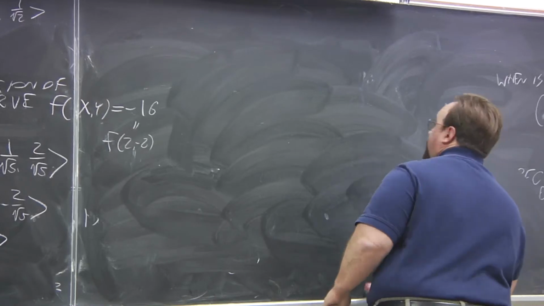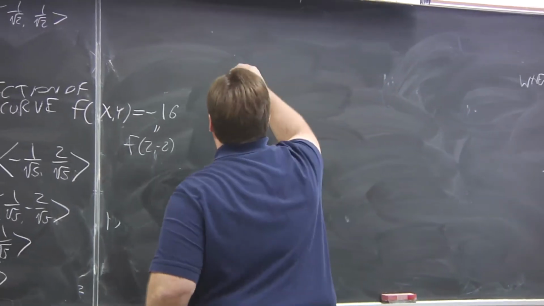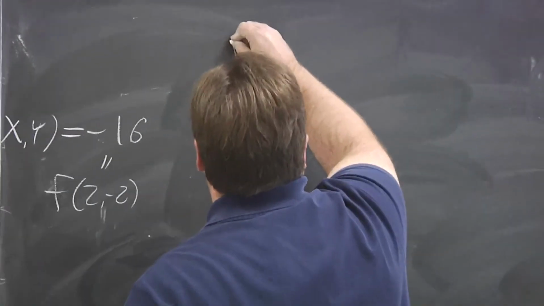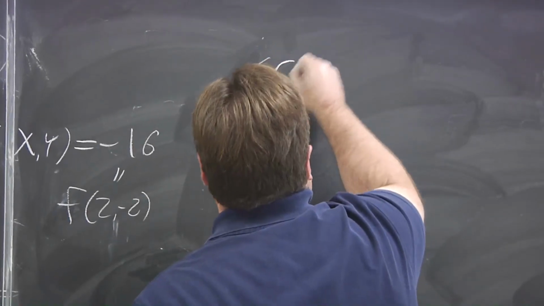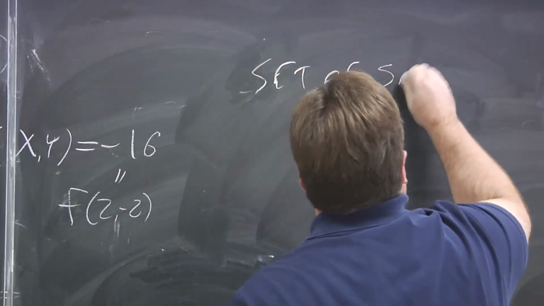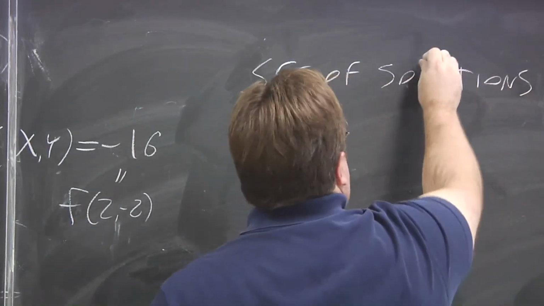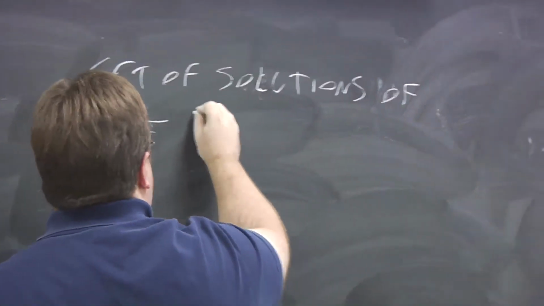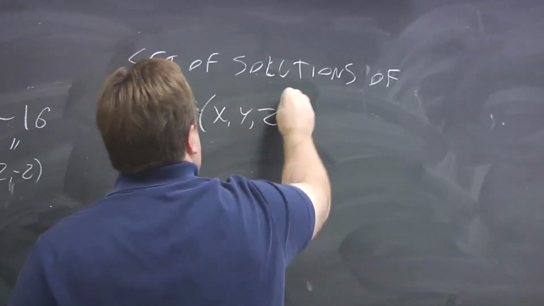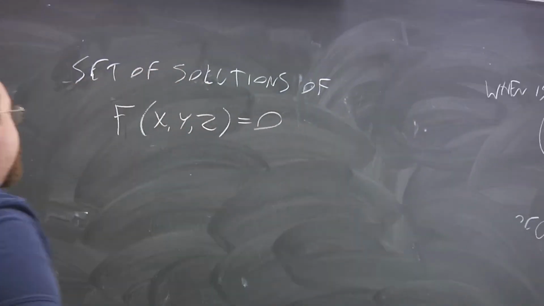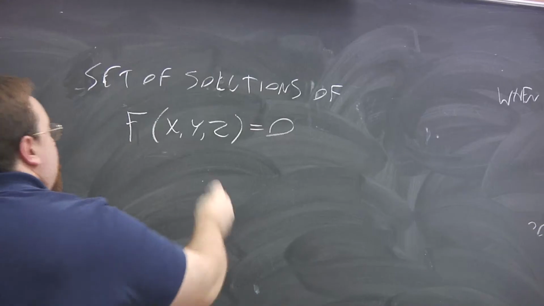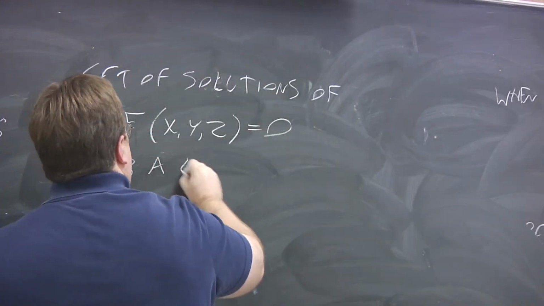So here we're dealing with functions of three variables. So solutions of this equation for some function of three variables, f of x, y, z, is a level surface.